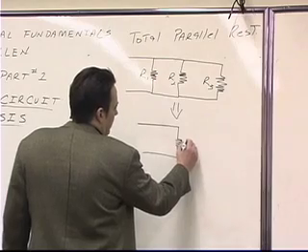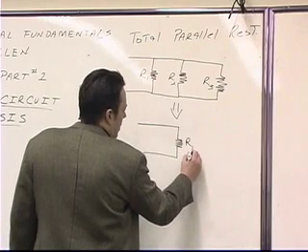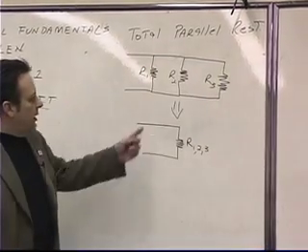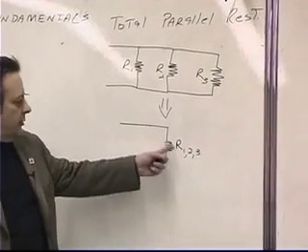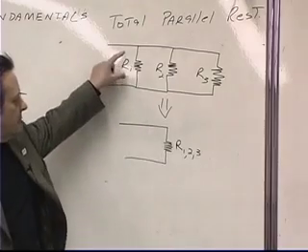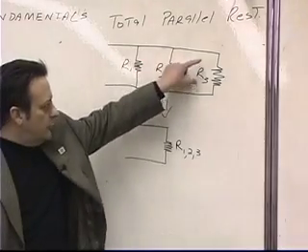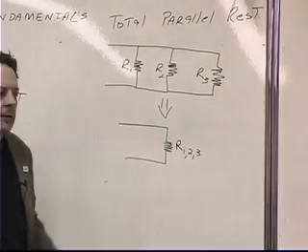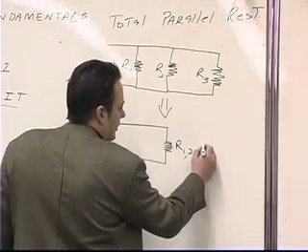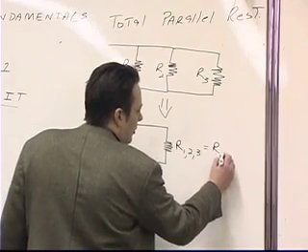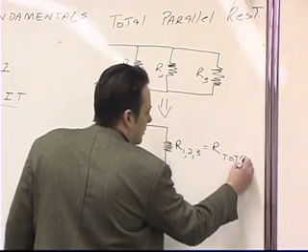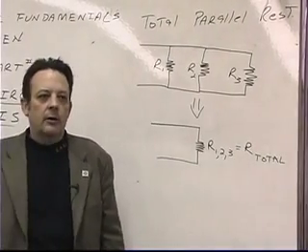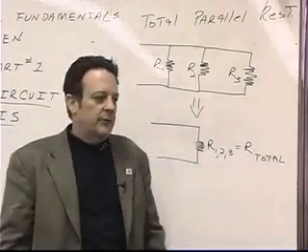We could label that as R1,2,3, which tells us that we are integrating the effects of resistor 1, resistor 2, and resistor 3 all in parallel in this one resistor. Our book likes to use the notation R total, so we can call it by either name. It doesn't really matter, we're talking about the same thing.